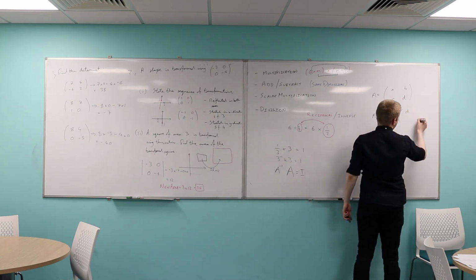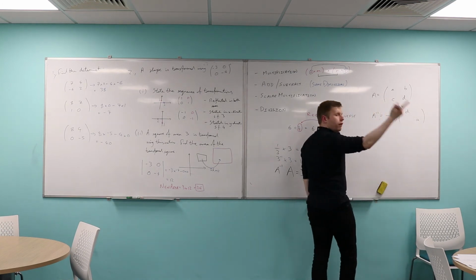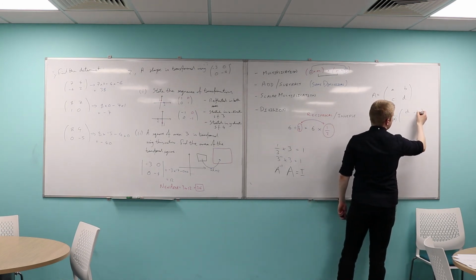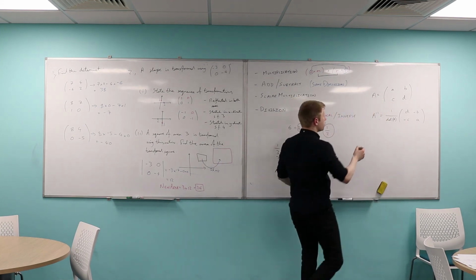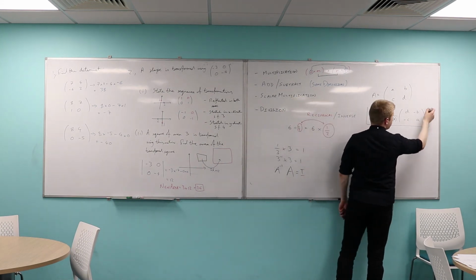So d goes there, and a goes there, and then the rest are just negative. So that's negative b, and that's negative c. The good news is you don't have to remember that formula, it's given to you on the formula sheet.